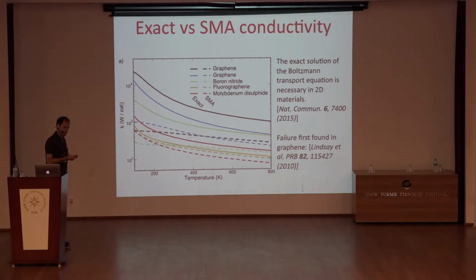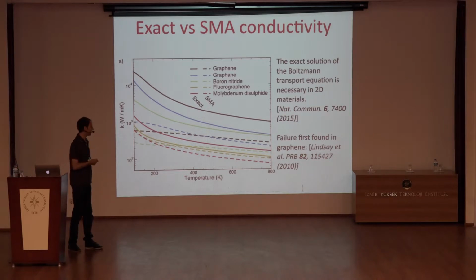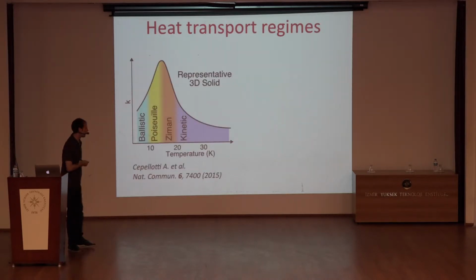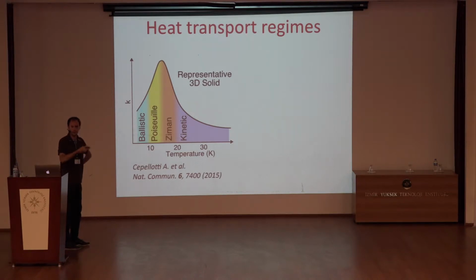It's interesting to look at why this is interesting, because it is quite different from what you expect to see in general in three-dimensional materials. If you study what kind of transport regimes you expect in a conventional three-dimensional solid, something like silicon, you expect various thermal transport regimes.